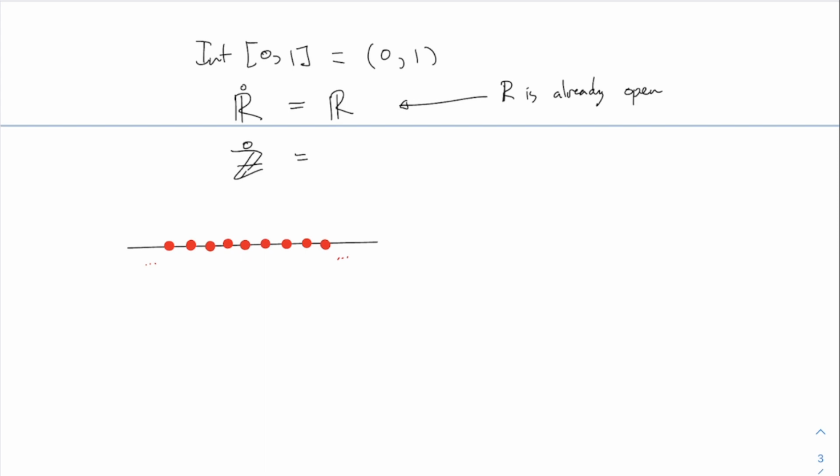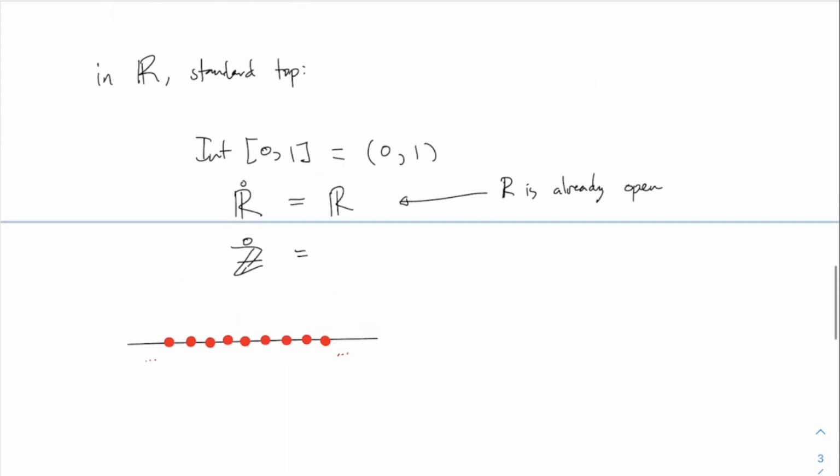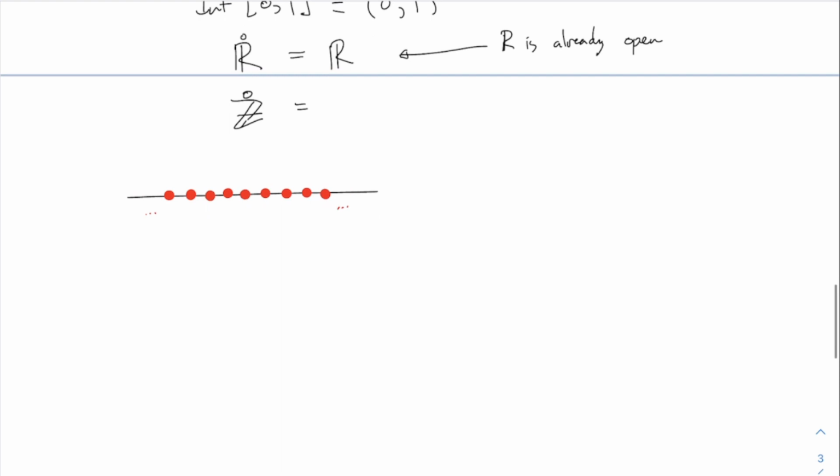The interior means the largest open set inside there. I don't know if you were thinking about it in those terms, but that is how you could have thought of the first example, a closed interval. All of these points, including the endpoints. What's the biggest open interval you can stick in here? Well, I can stick an open interval right in there, which takes up the entire interval all the way up to the ends, but not including the ends because it's open. What about Z? What's the biggest open set that you can stick inside there?